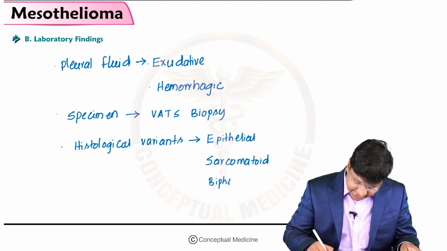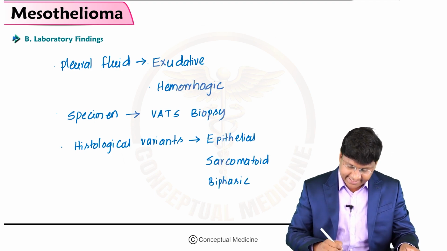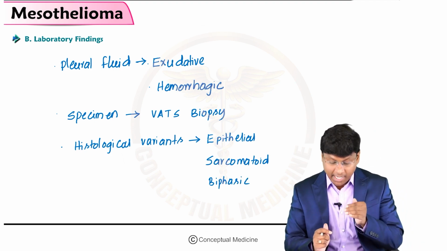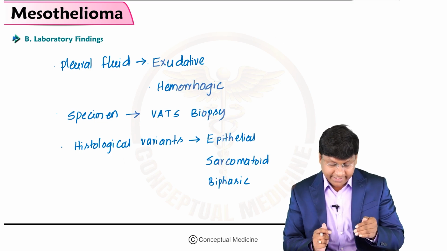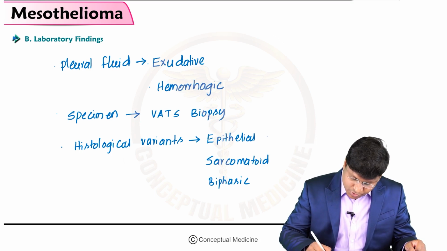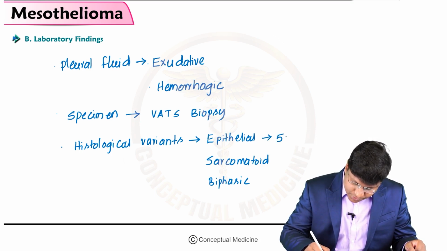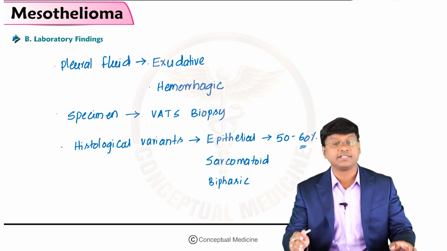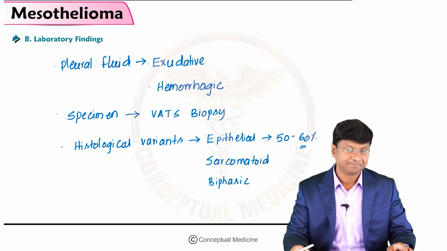Biphasic in the sense both epithelioid as well as sarcomatoid. But out of all these, which histological variant is more common? That can be asked as a multiple choice question to you. The epithelial variant constitutes 50 to 60%, and that is the most common histological variant in mesothelioma.